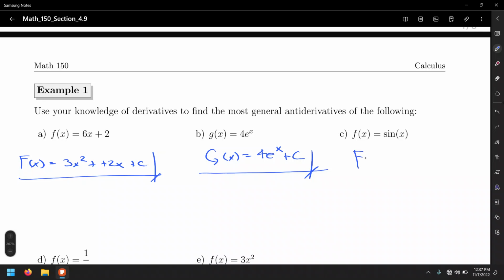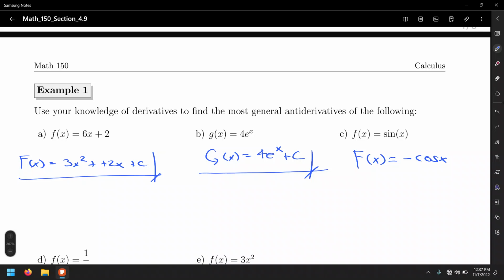Another big F, and careful with this one. The derivative of which function would give us a sine? We know that the derivative of cosine is negative sine, but we don't want negative sine. We want positive sine. To even this out, multiply by a negative on the cosine.